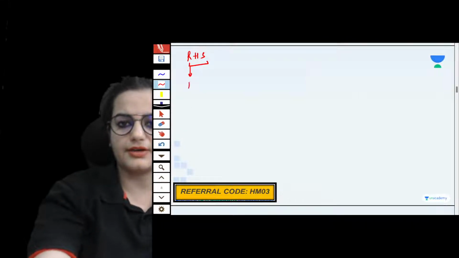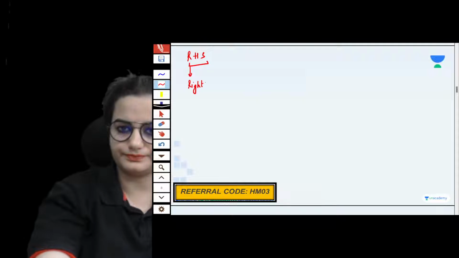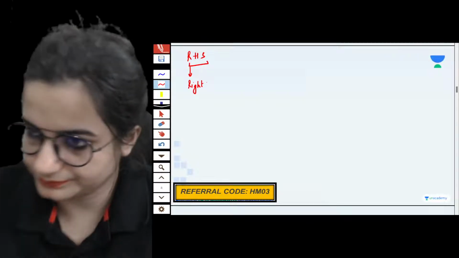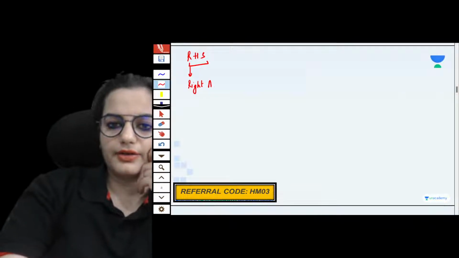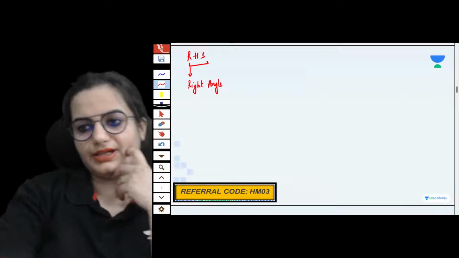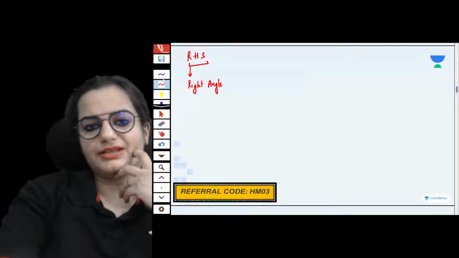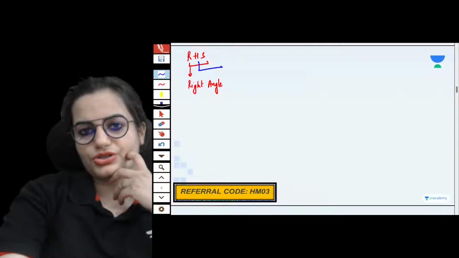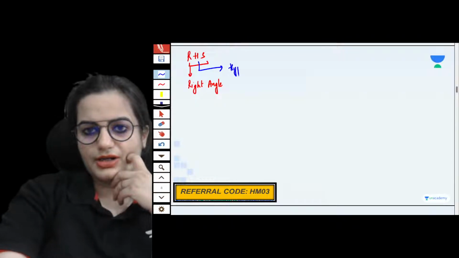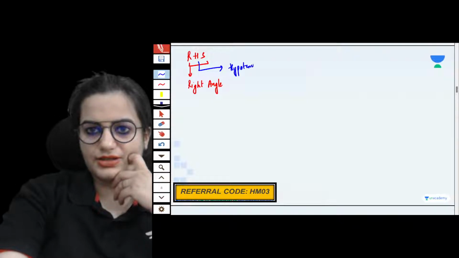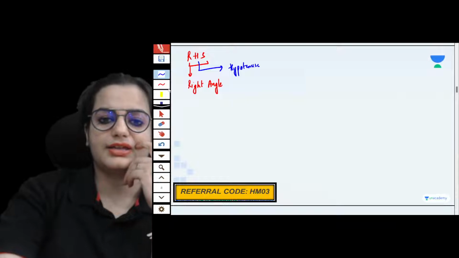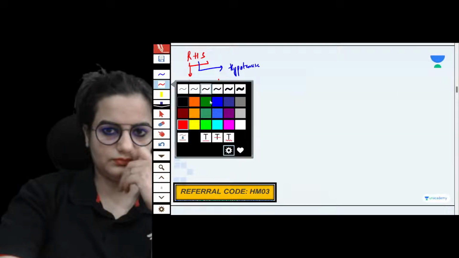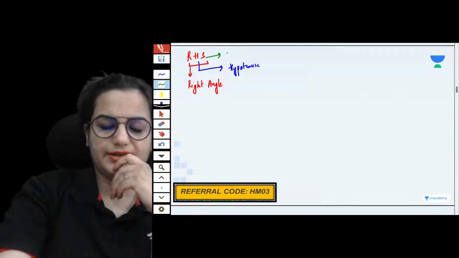That is right angle. This is your right angle. The next part, H, is your hypotenuse. And now the third one is side.